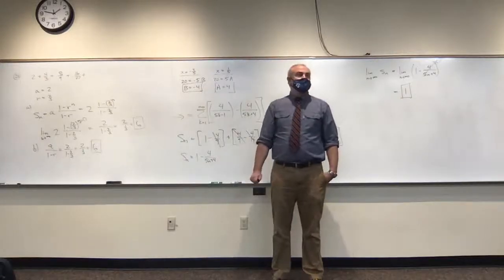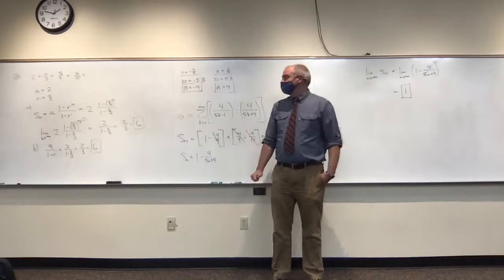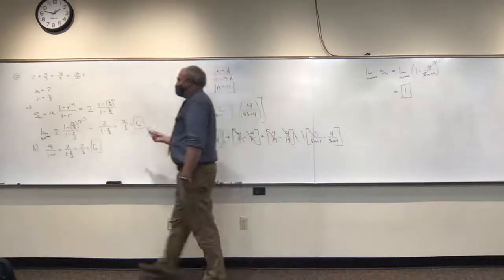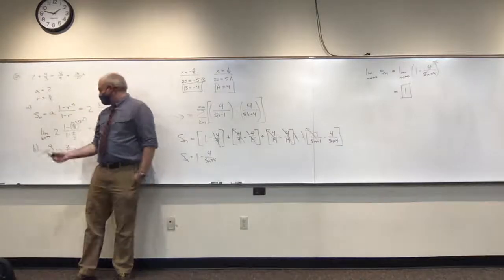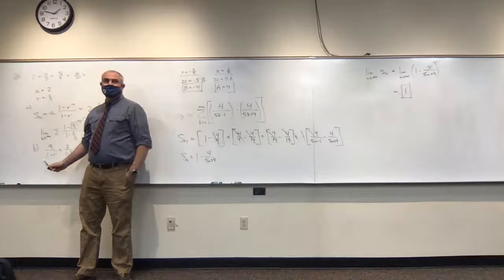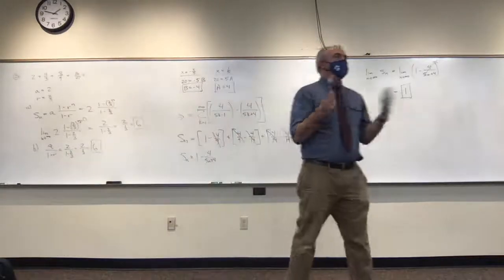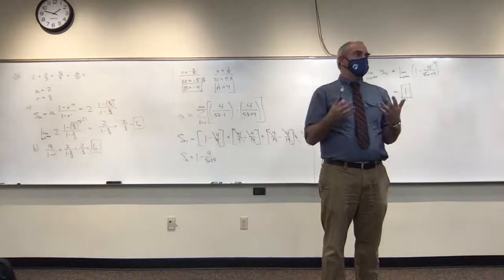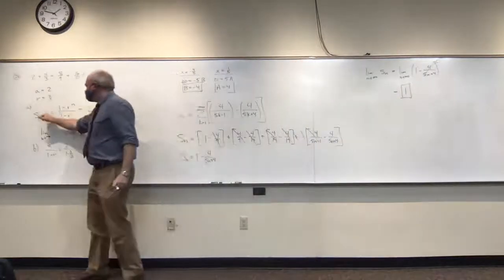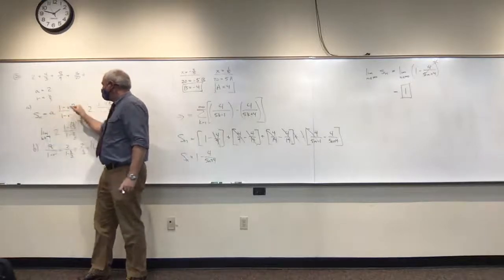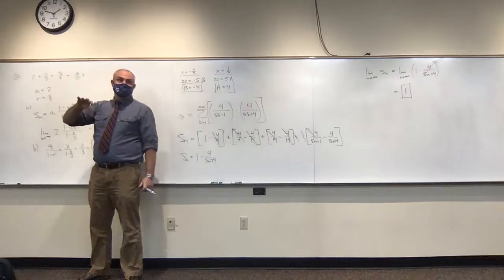So what's the benefit of doing the additional third, the limit as n goes to infinity? Nothing. What they're trying to do is make sure you understand where this came from. Does that make sense? Like A over 1 minus R, it's not magical. It came from somewhere. Where did it come from? It came from taking the limit as n goes to infinity of this nth partial sum formula for a geometric series.